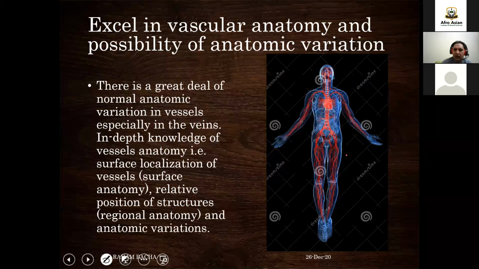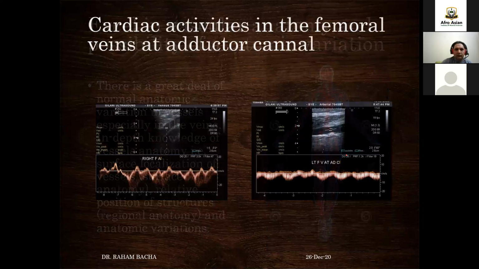Then he or she will be able to perform the vascular examination. Otherwise, vascular examination is not easy without anatomy. So it's requested to all the sonologists and all the people who are related to vascular examination to excel in anatomy. That is also important.